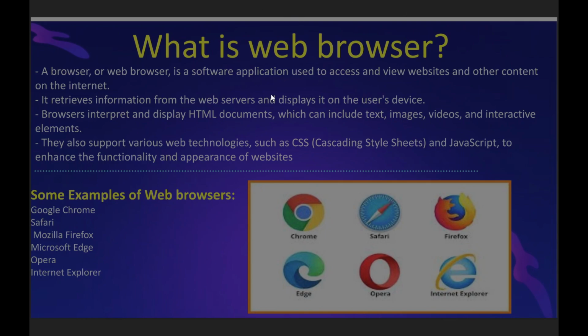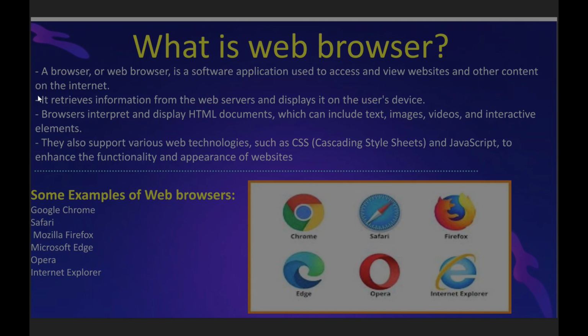That means it is used for only one purpose. Okay, and what is a web browser used for? A web browser is used to view websites and content on the internet. Like if you want to surf anything on the internet, at first you need to have a web browser. Okay, like if you got a new laptop or internet connection, but you don't have a web browser, then you cannot surf anything on the internet. So it's like a gateway to the internet.